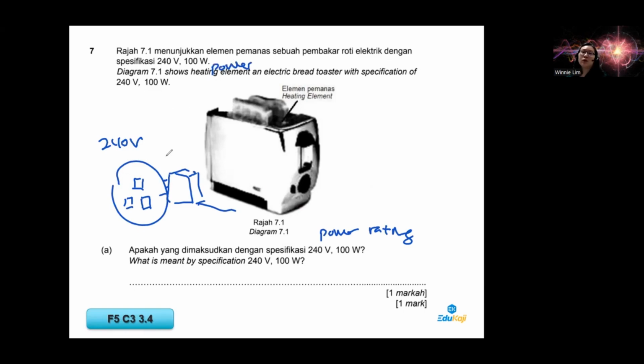If you all know, the formula for power is actually the rate of energy dissipated. So we normally ask students to change the idea of power into energy per second, where the unit is joule per second. So how do you explain this specification?